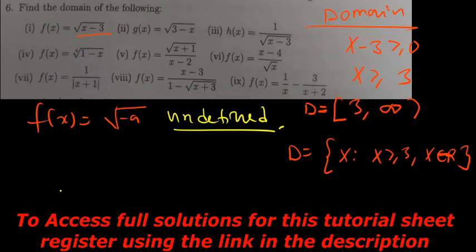Other people will tell you set builder notation can be represented as x is a member of all real numbers such that x is greater than what? Greater than or equal to negative 3. Oh, it is positive 3, sorry. Positive 3. Okay? So you can also say it that way.